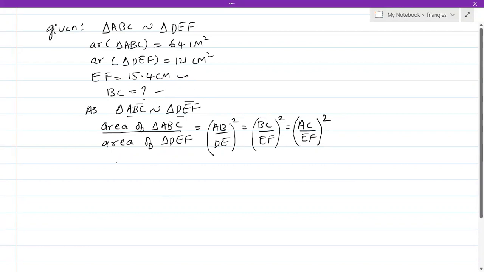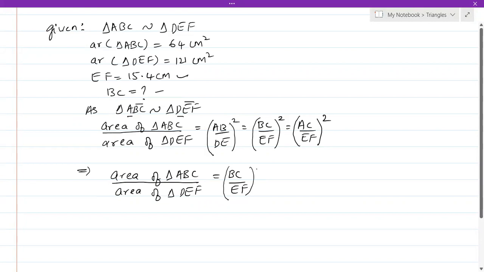So from here we can write that area of triangle ABC divided by area of triangle DEF will be equal to BC by EF the whole square.